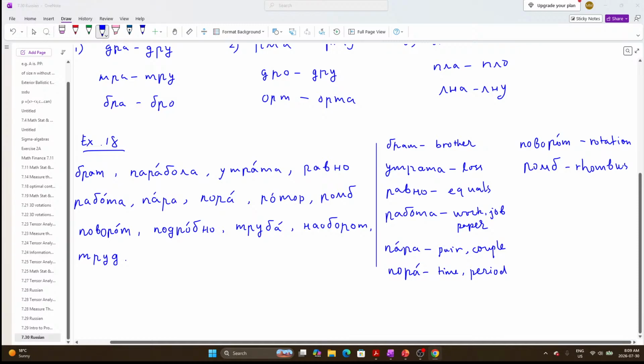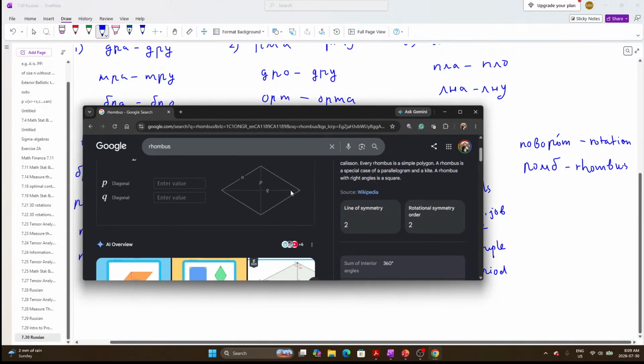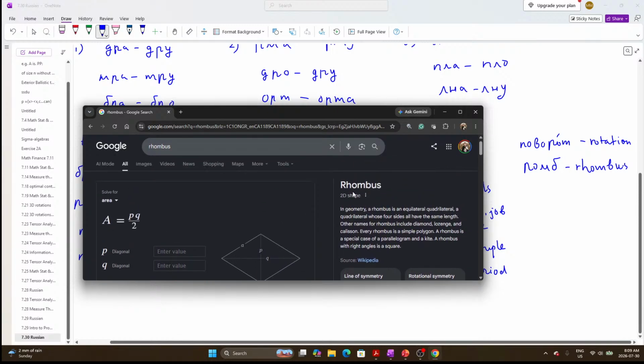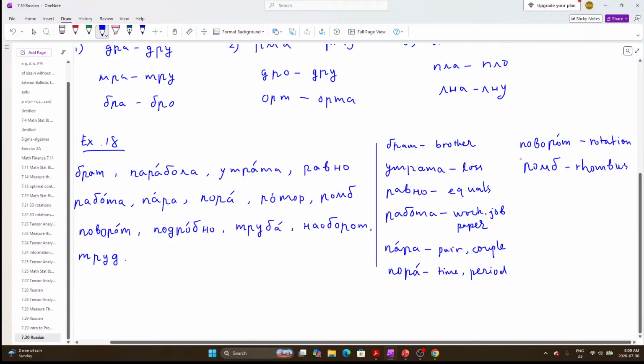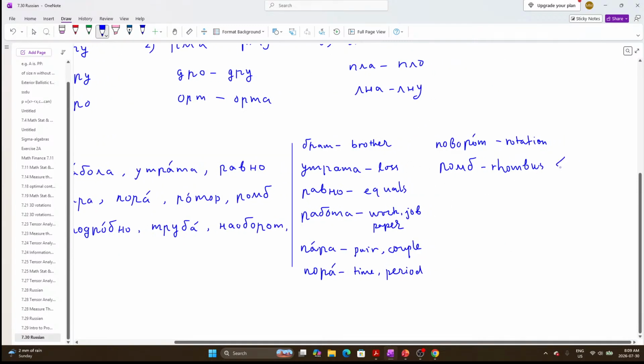My goodness, I didn't know, because I learned elementary geometry in China. I didn't even know this word in English. Okay, that's cool. Learn Russian and English together, man. Rhombus. Awesome.